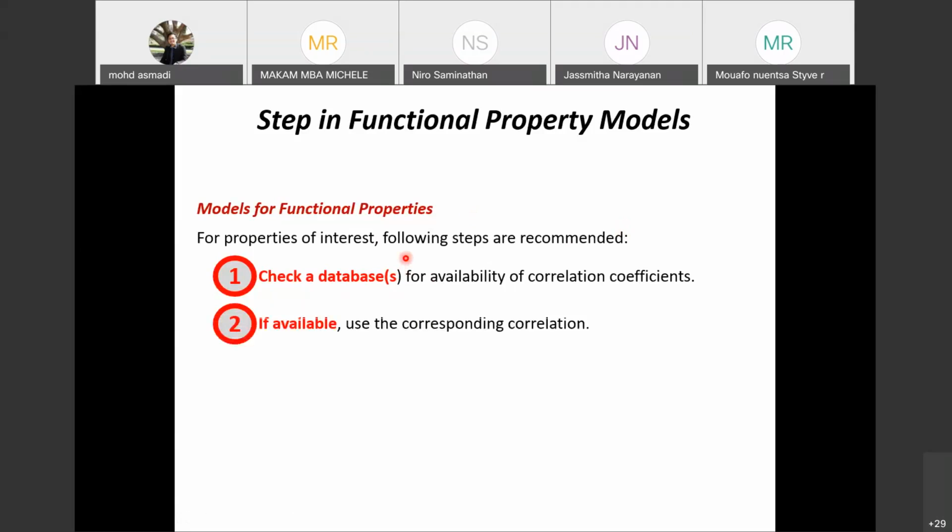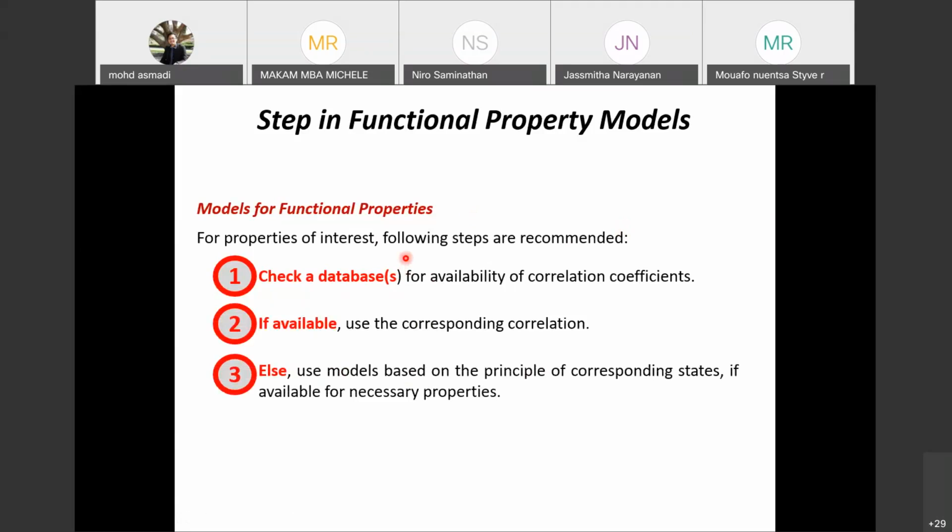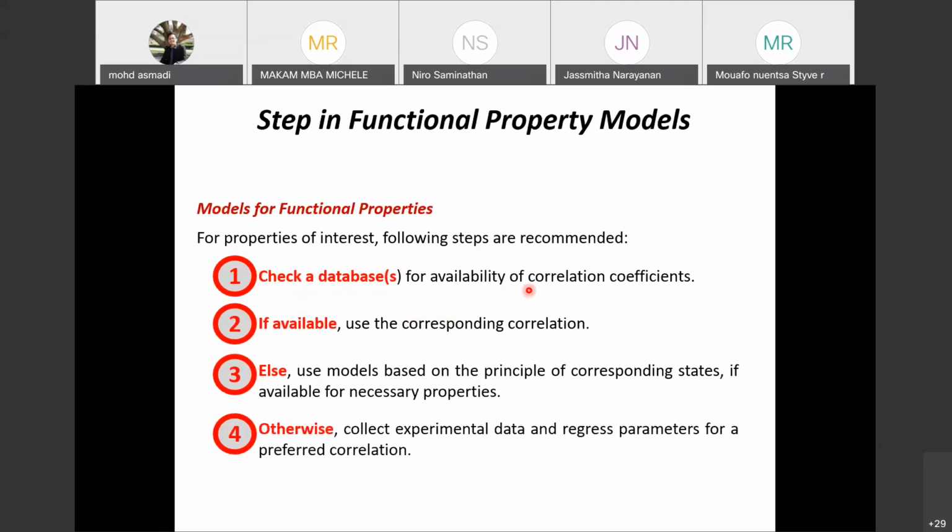Second, if available, use the corresponding correlation. Then if not possible, use a model based on the principle of corresponding states, from thermodynamics, if available for the necessary properties. Otherwise you have to collect experimental data, so that you can do the correlation.